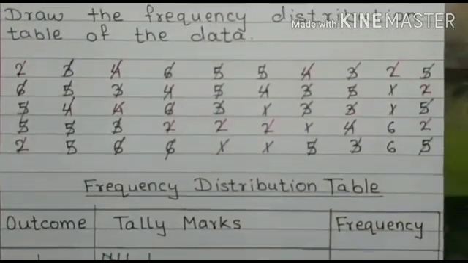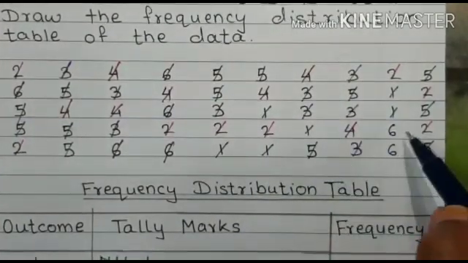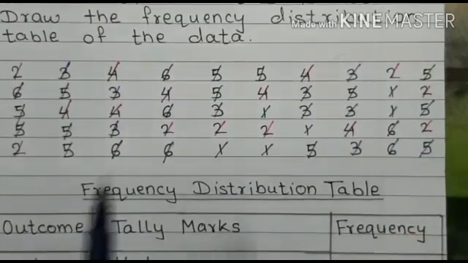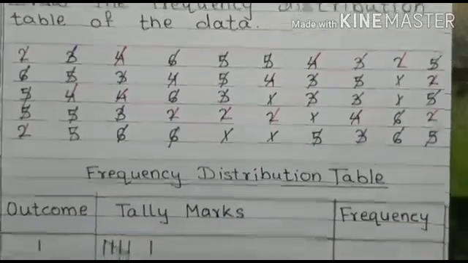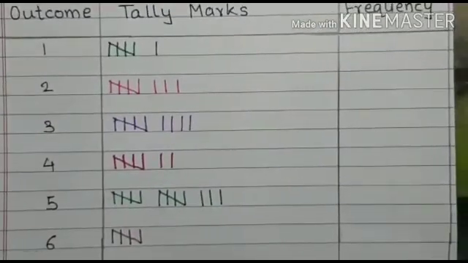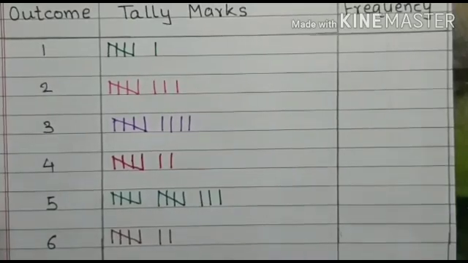Going back to data. This 6 and 7. Confirm. Yes. So here is my tally marks table. 6 and 7. These 2 lines.